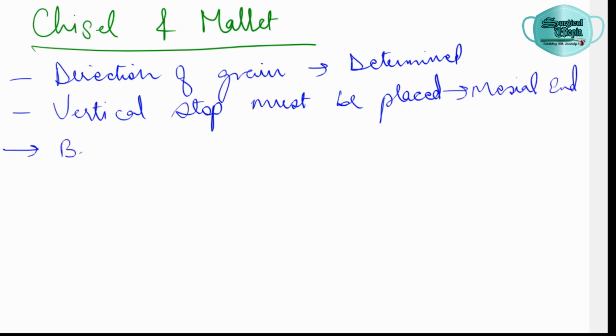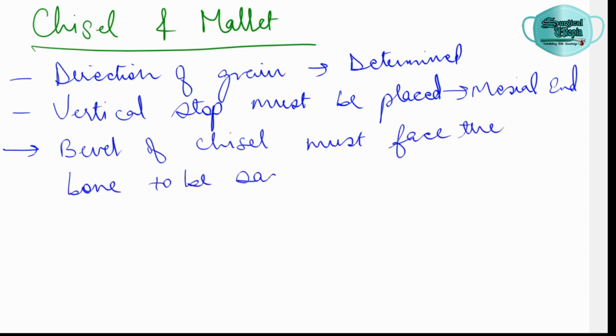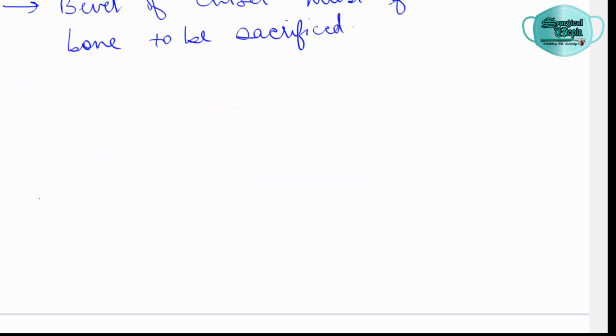The bevel of the chisel should face the bone which has to be sacrificed. If the superior bone has to be sacrificed, the bevel should face that part of the bone, that is the upper part of the alveolar ridge. Now we will see how the chisel and mallet method is used through a buccal approach.